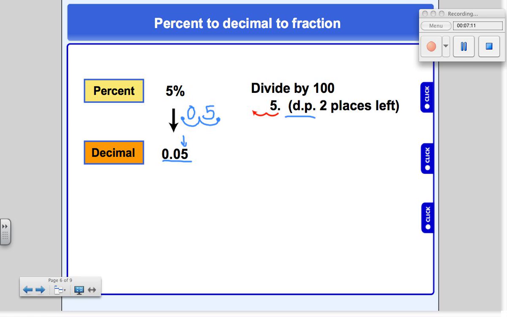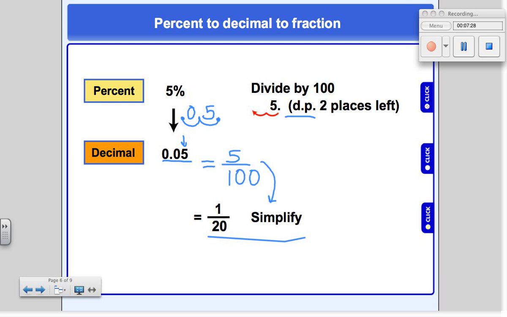The 5 is in the hundredth spot. Now, I expect that you can change this back over into a fraction. And I showed it to you in fully simplified form, but this would really be 5 100ths, and you would simplify that or reduce it to 1/20th.